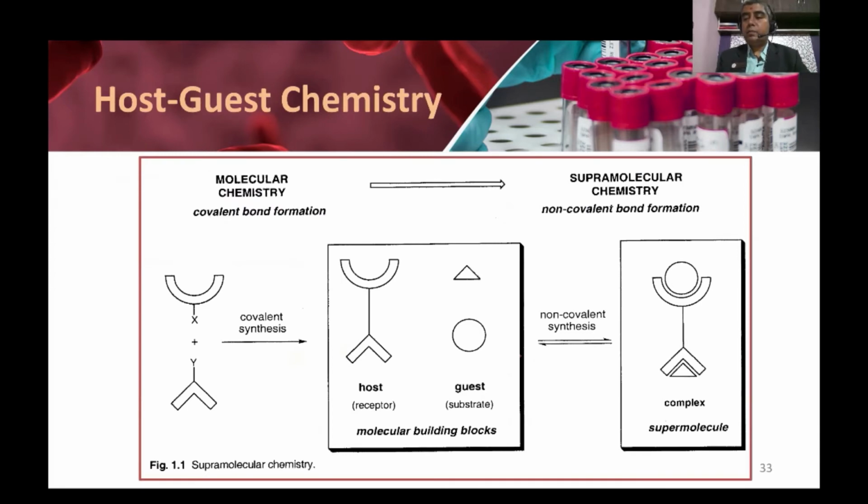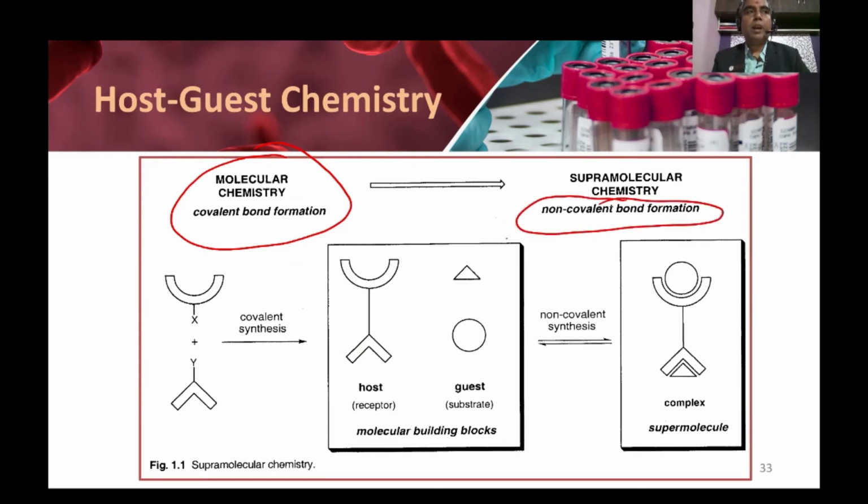Now, a very important term in supramolecular chemistry, that is host-guest chemistry. Molecular chemistry is related with the covalent bond. And when molecules are combined with non-covalent bonds, with the various interactions which we already discussed, it is called supramolecular chemistry.